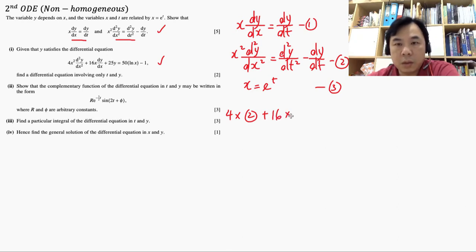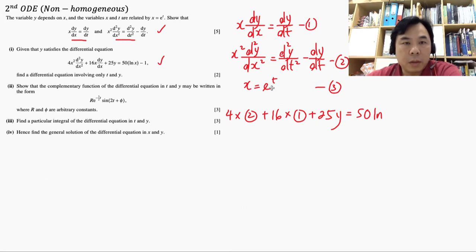So x dy/dx is basically multiplied by the first equation, and finally we have 25y, and 50 ln x. Now we know that x is e to the power t, so therefore that is e to the power t minus 1.